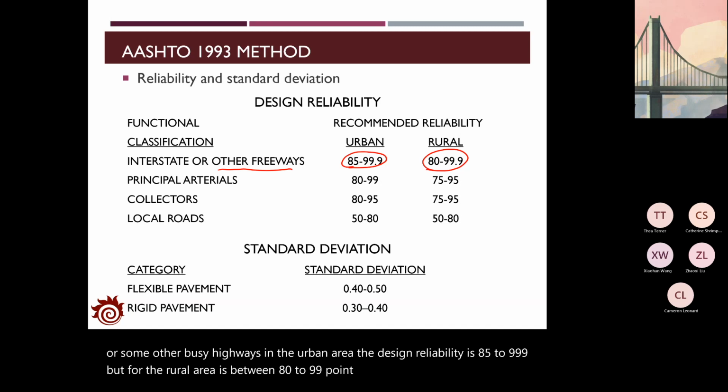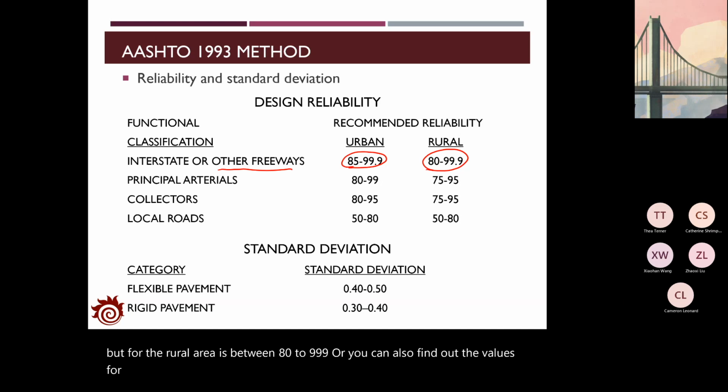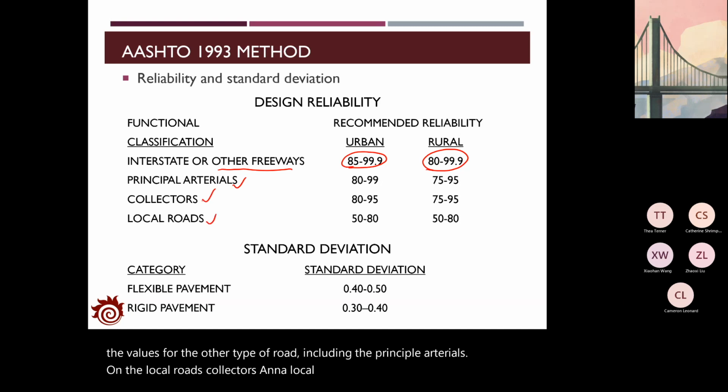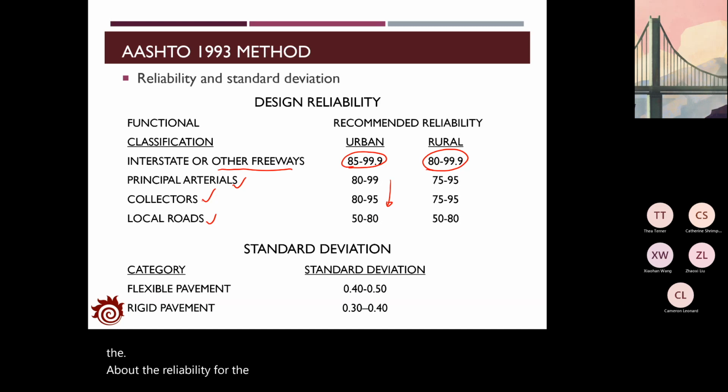You can also find out the values for the other types of road, including the principal arterials, the collectors, and the local roads. You can see the reductions about the reliability for the road with less traffic.